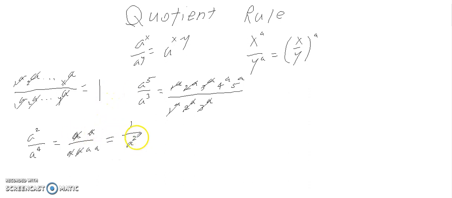Now, if you look, this does actually hold true with this up here, because as shown down below, this can be written as a to the negative 2, and negative 2 is 2 minus 4.